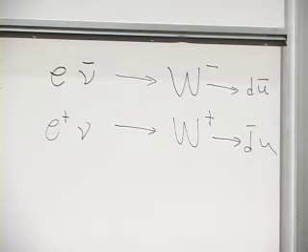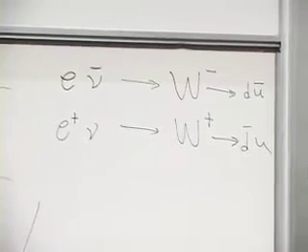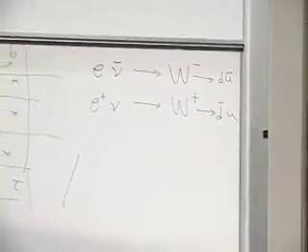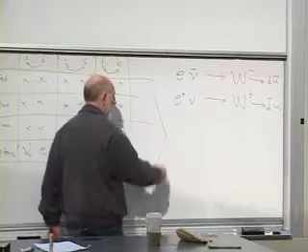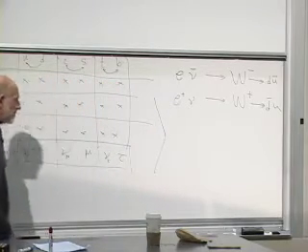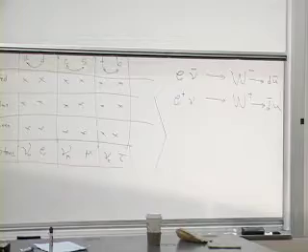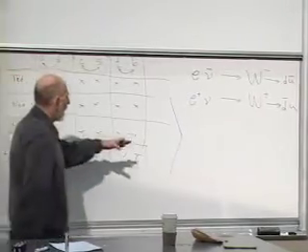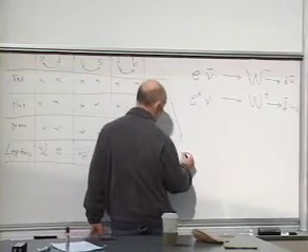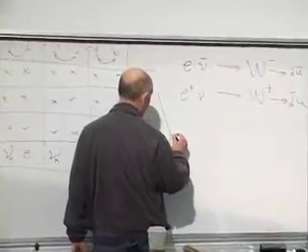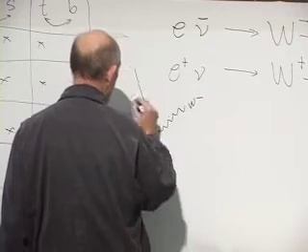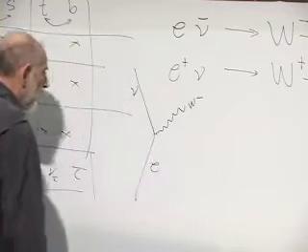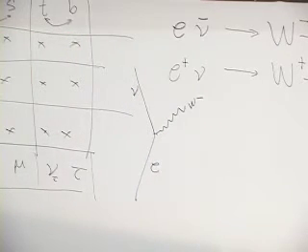They would be objects which would allow a lepton of one kind to become a lepton of another kind by emitting a W boson. Let's see if we can find some examples. An electron can emit a W minus to become a neutrino. Electron becomes neutrino by emission of a W minus.